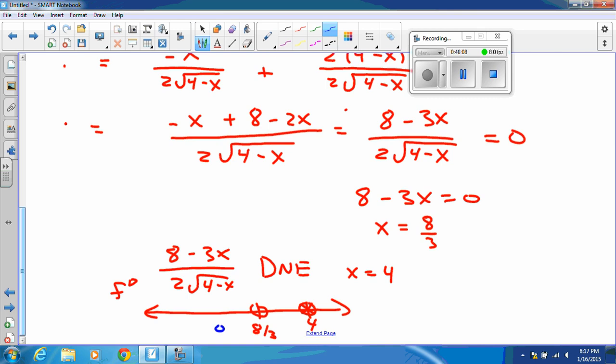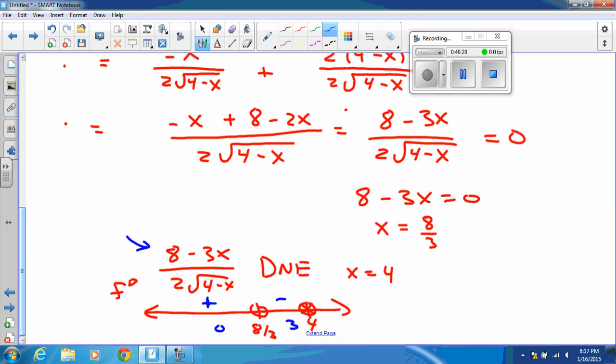What does this mean? Well, this means that I'm going to have, with regard to the number line right here, a 0 for f prime at 8/3, and I'm going to mark the place where the derivative does not exist as a circle with an x.